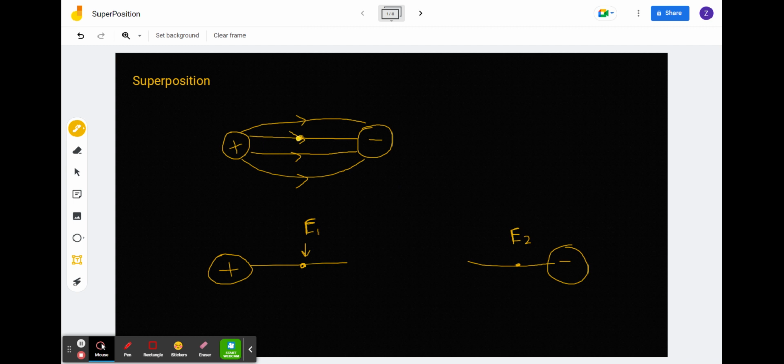And what that means is that now when I bring these two particles together, the field here will have a value of E1 plus E2. And that's the basic general idea of superposition.